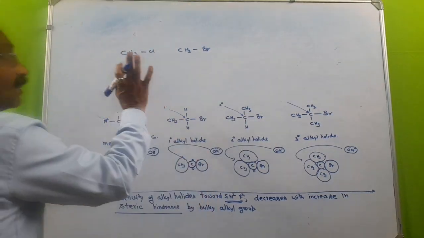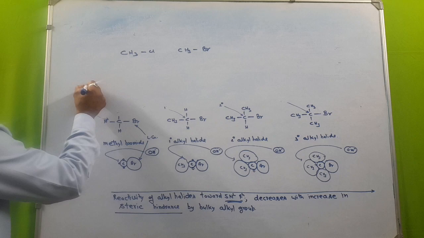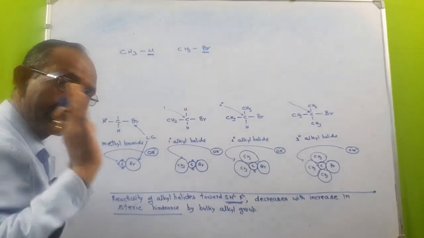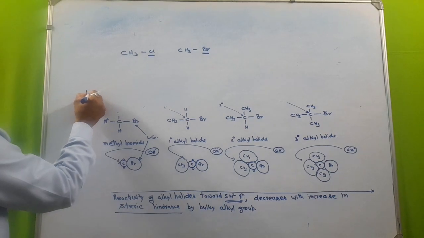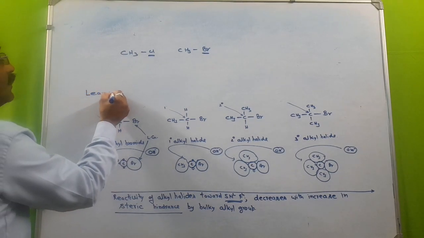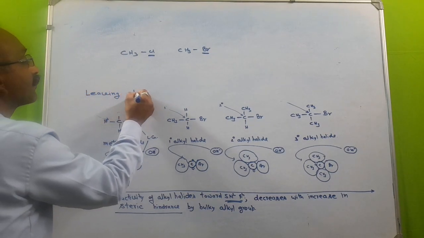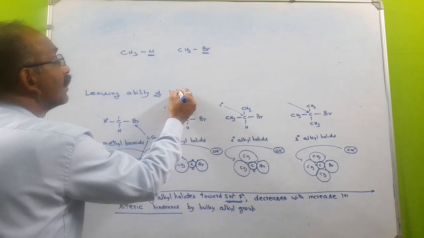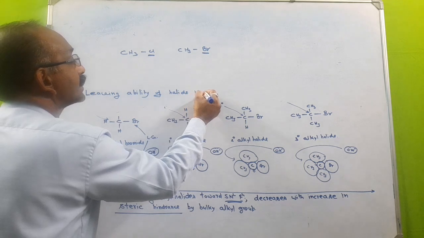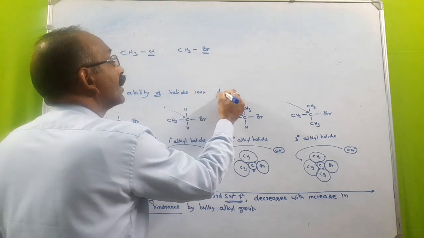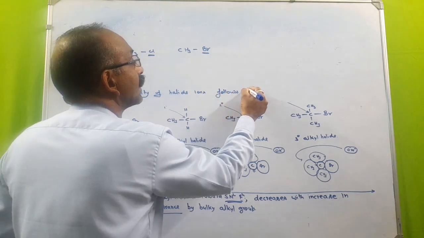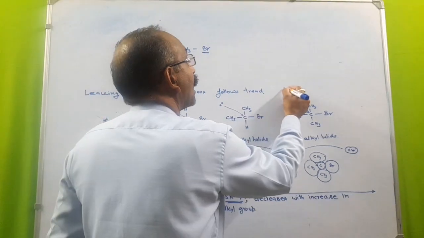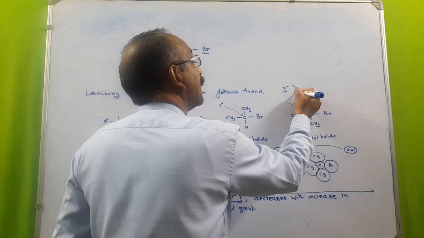See, here remember that as the halogen atoms are good leaving groups, the leaving ability of the halide ions follows a trend. See, here the I minus ion is the best leaving group.